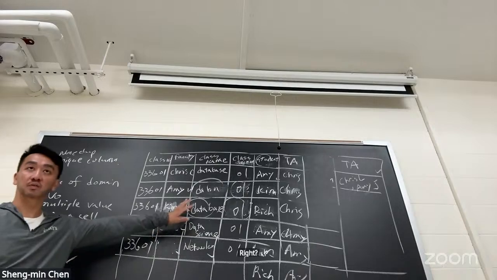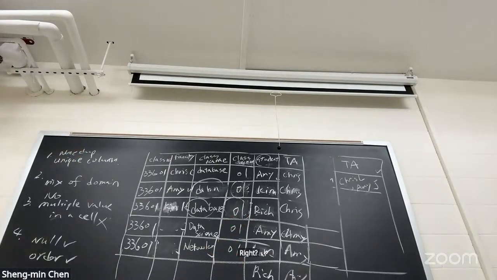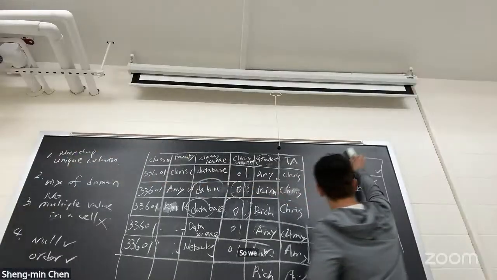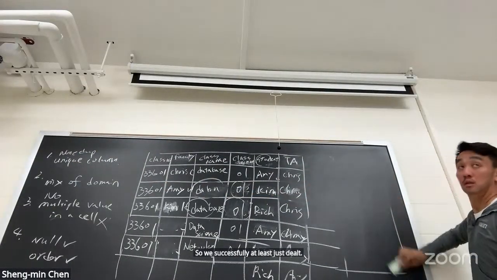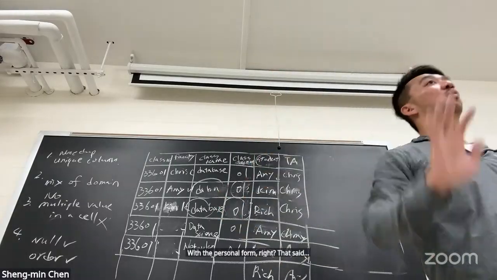Forget about this one for now. Right? As at least fixing the first one. Right? Now, we successfully at least just dealt with the first normal form, right? Let's say the first normal form is right.